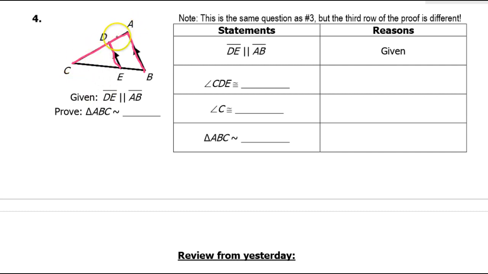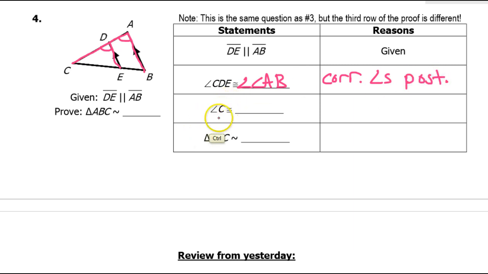Because if you make them into an F, you have corresponding angles, which will be congruent if the lines are parallel. So, this is what we did last time. So, angle CDE is congruent to angle CAB. Okay? And that was the corresponding angles postulate.